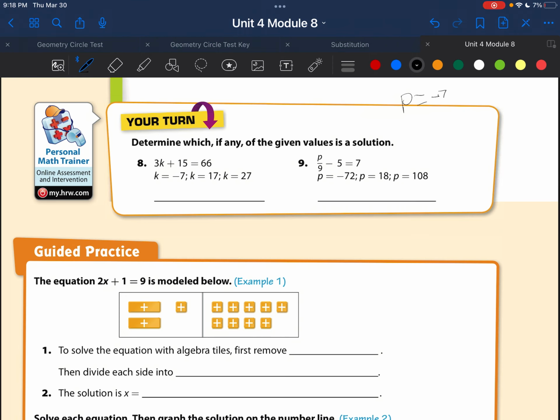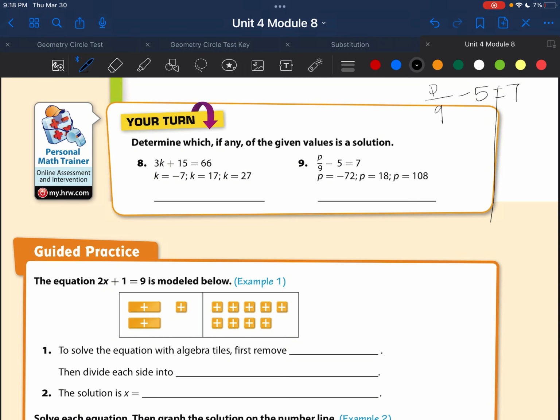So we're doing P over 9 minus 5 equals 7.